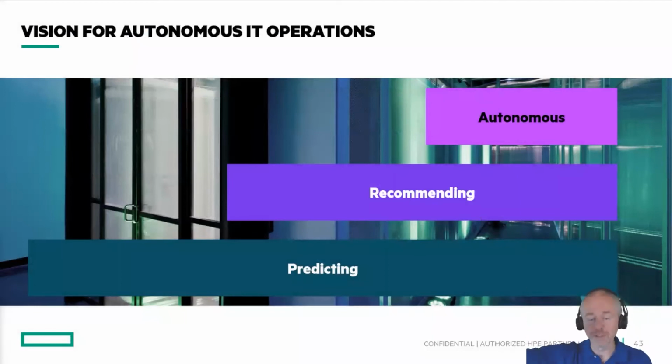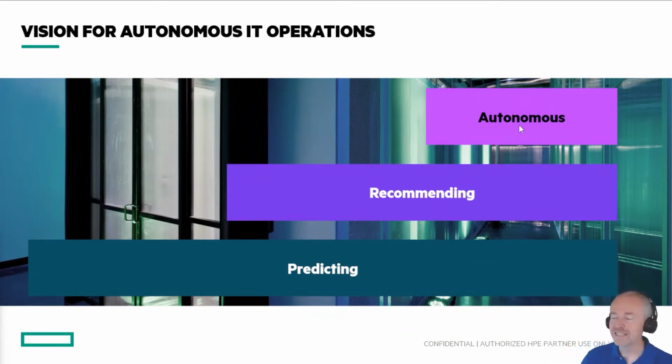HPE keeps on working on InfoSight, because HPE is moving towards the autonomous data center. If you want to compare it with cars, this is the self-driving car. Okay, this is Waze. This is road assist. Already, we're going to give you recommendations. Well, now with the autonomous car, the self-driving car, this is what's going to happen with your data center.